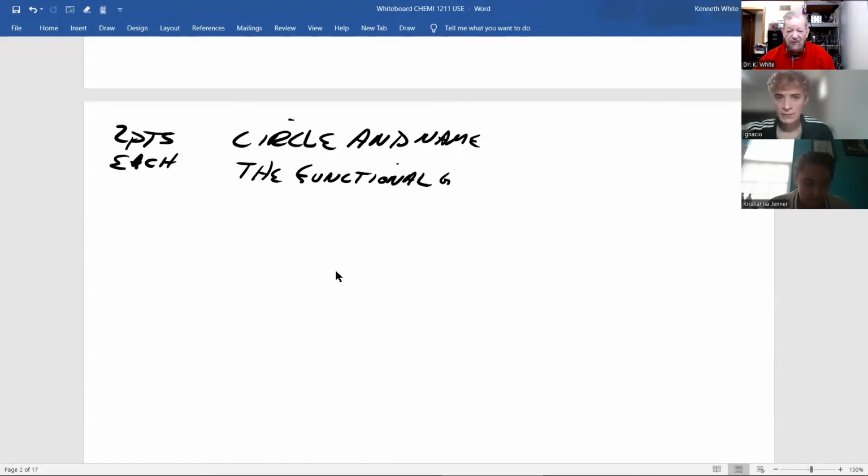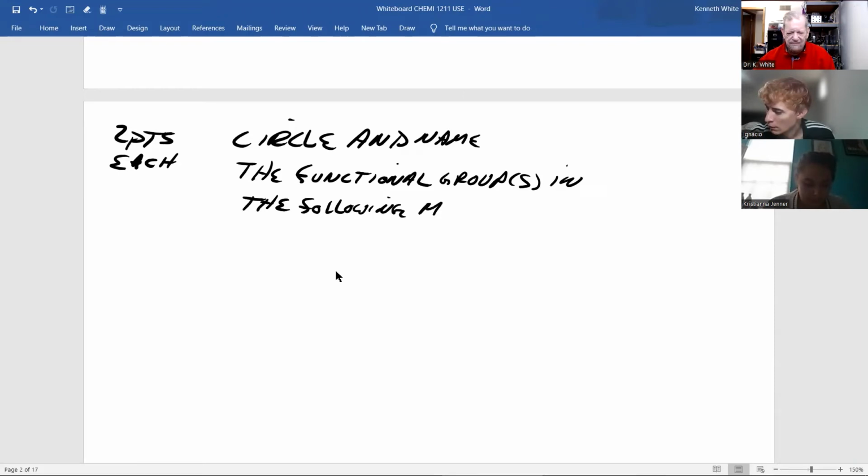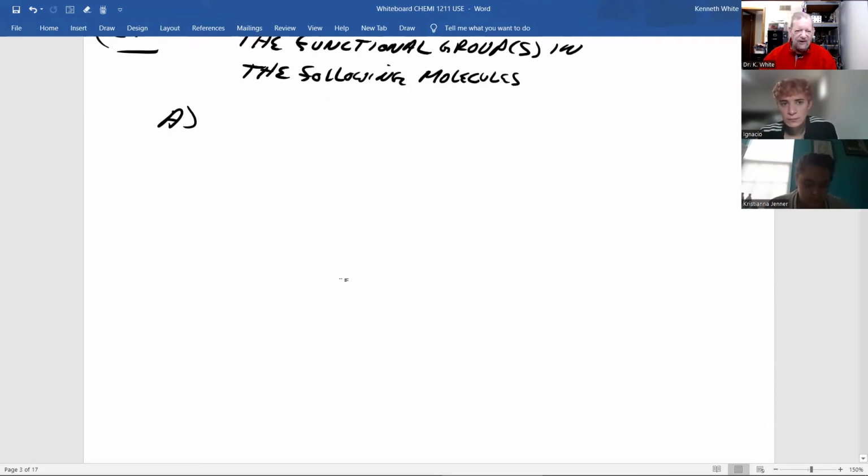Actually, there could be more than one group in the following molecules. So it's time to play that fun game. Circle and name the functional groups in the following molecules, 2 points each. Remember, you're not to name the whole molecule, just circle and name the functional group.